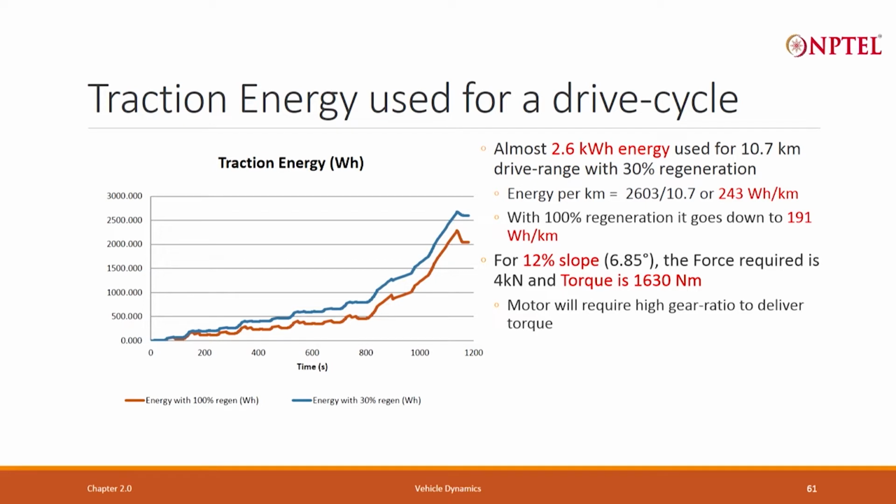For 12% slope at 30 km per hour, I should have written at 30 km per hour, the force required is 4000 newtons. That number is there in our calculation, 4000 newtons, and torque requirement goes to 1630 Newton meter.